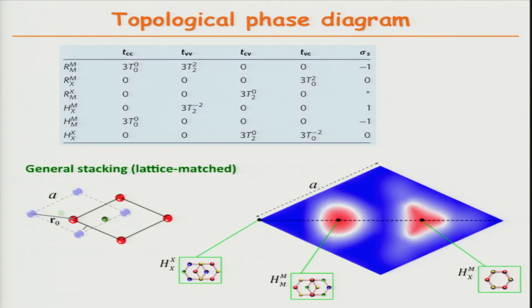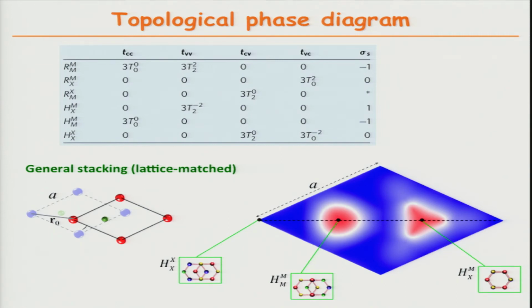If we go to a general stacking order between the two layers, that is characterized by an in-plane separation between the two, for example, the two metal atom sites, one in the lower layer, one in the upper layer. So in general, you can have a translation between the layers, and that translation will give you a different configuration.